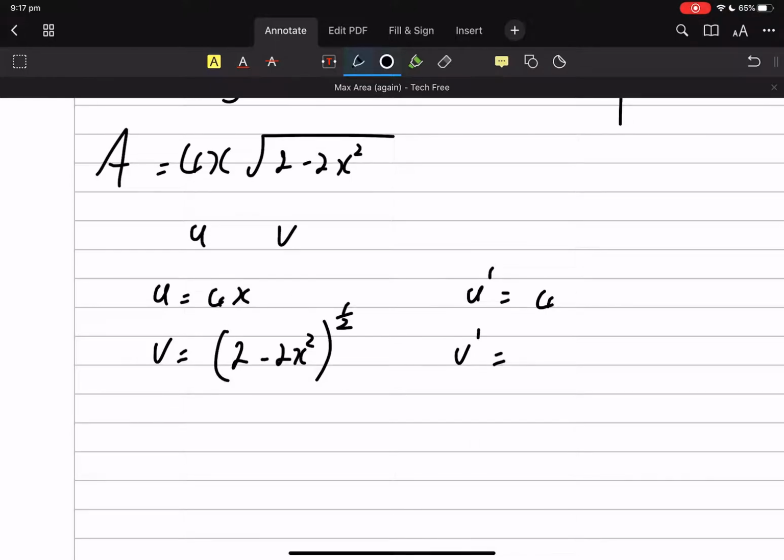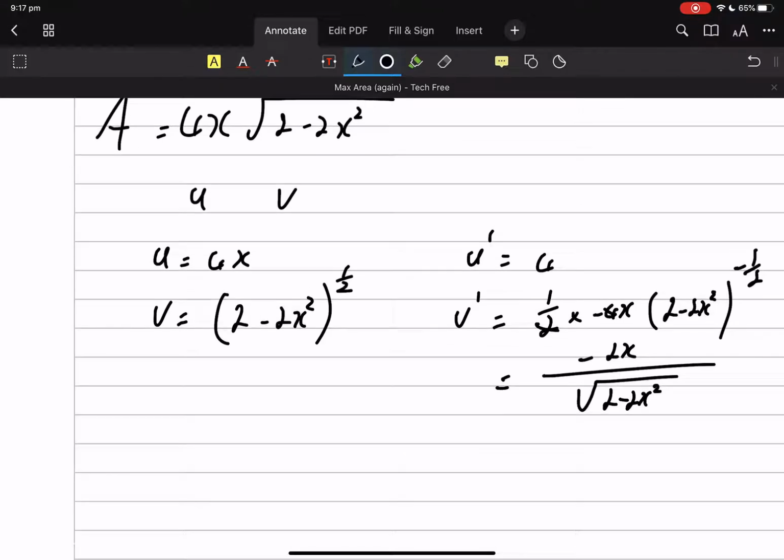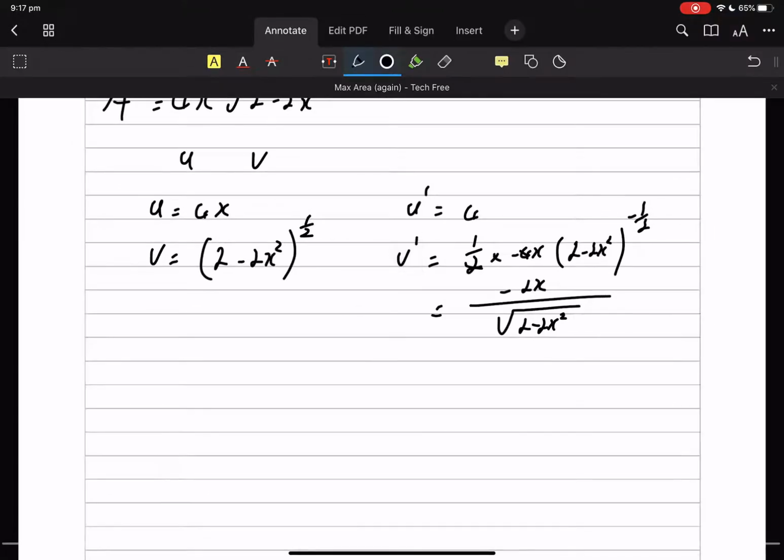Get your scrap piece of paper. So it's going to be the chain rule. So it's going to be a half multiplied by the derivative of what's in there, which is minus 4x. And then it's going to be that bracket to the power of a half minus 1, which is minus a half. The 2 and the 4 will cancel, so it's minus 2x on root. So don't stuff it up there.